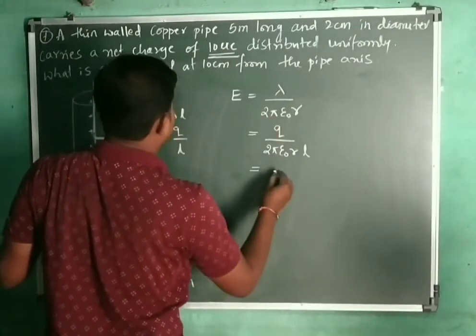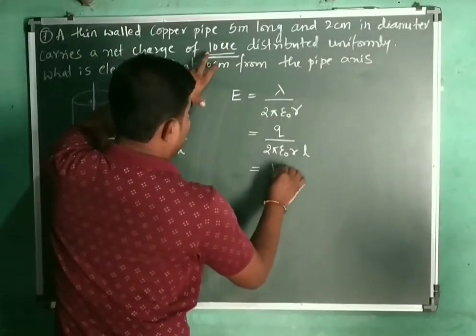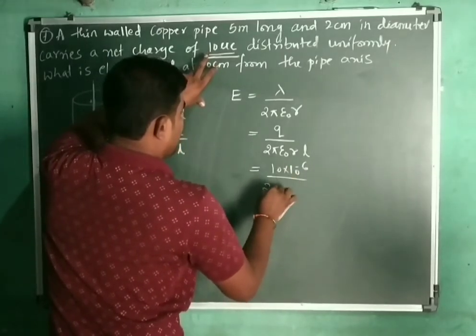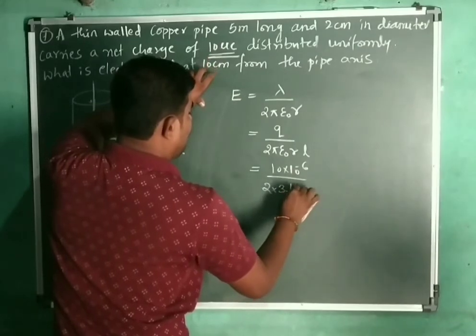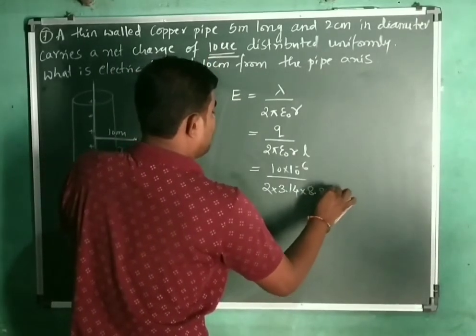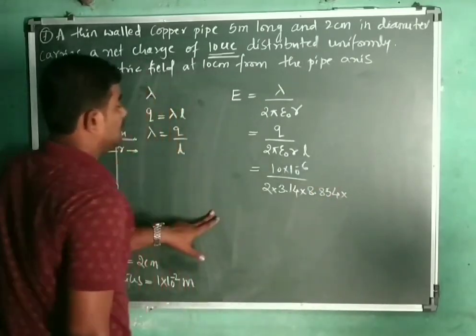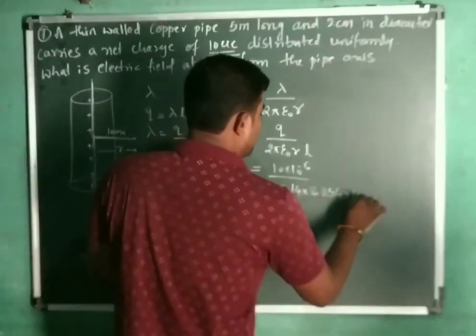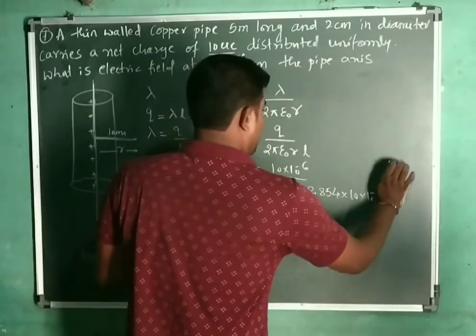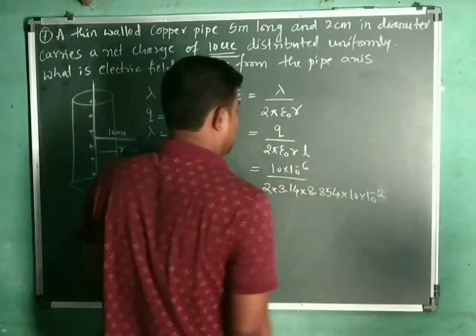Q is how much? It is 10 into 10 to the power minus 6 divided by 2, pi is 3.14, into epsilon naught is 8.854, into R is how much? 10 centimeter. Therefore it is 10 into 10 to the power minus 2. 10 centimeter is there.